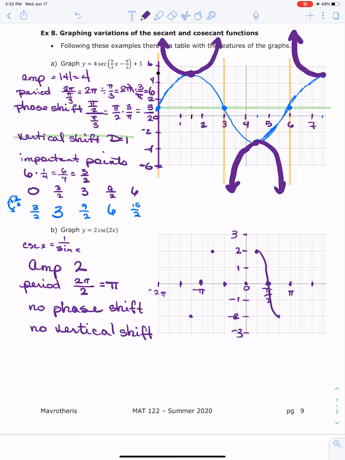And so here's our sine function, happening twice as fast. And so all crammed in there. Okay. So we know we are going to have asymptotes wherever our sine is 0. So I'm going to go ahead and add those in again.